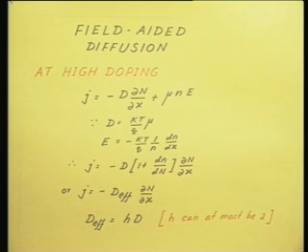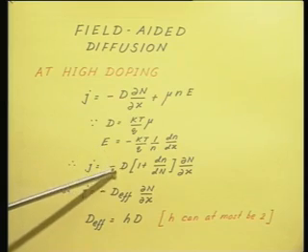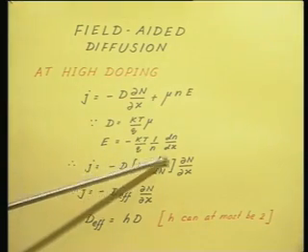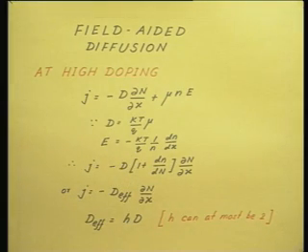So, eventually if I plug all these values into the first equation, I get J is given by minus D into 1 plus dn by dN, del n del x. Small n stands for the electron concentration, capital N stands for the impurity concentration.